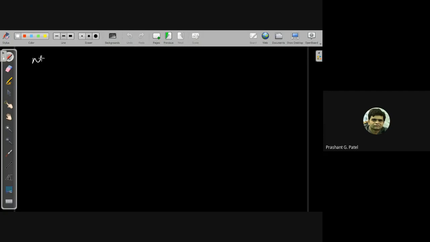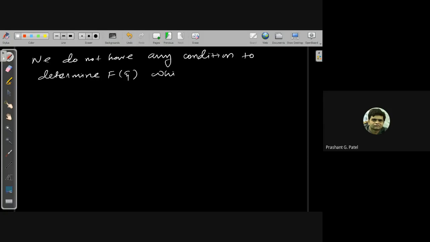So we do not have any condition to determine capital F of xi, which is left arbitrary, and thus the solution is not unique.